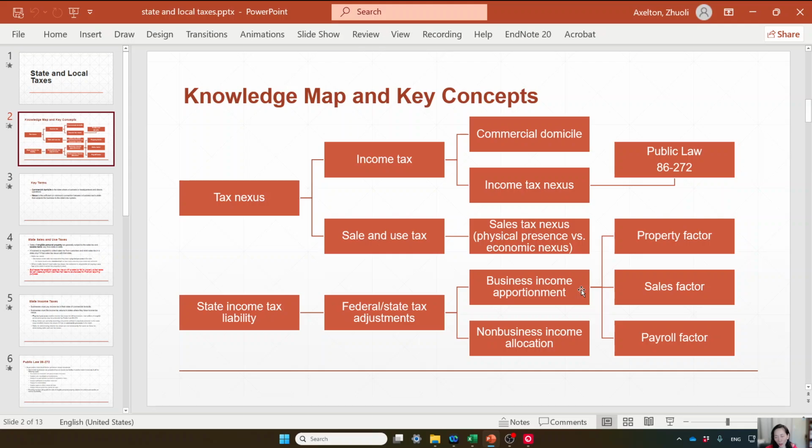To determine the apportionment factor, generally speaking, they use the property factor, sales factor, and payroll factor. There could be different methods depending on the state, but generally three factors are considered for the purpose of determining the correct business income apportionment to a particular state.